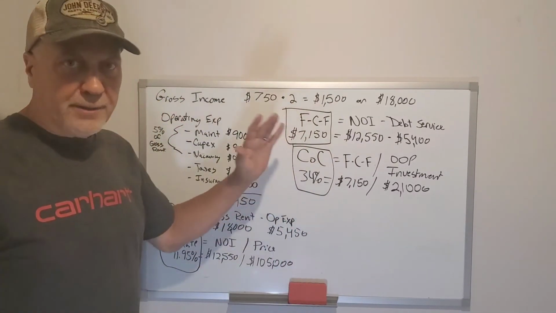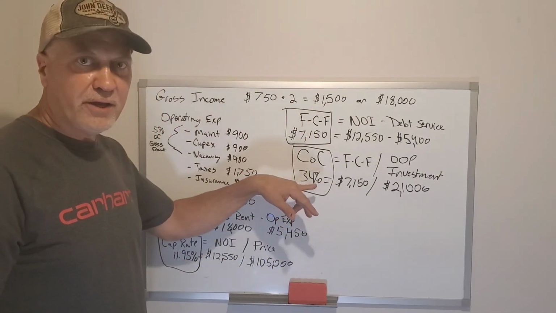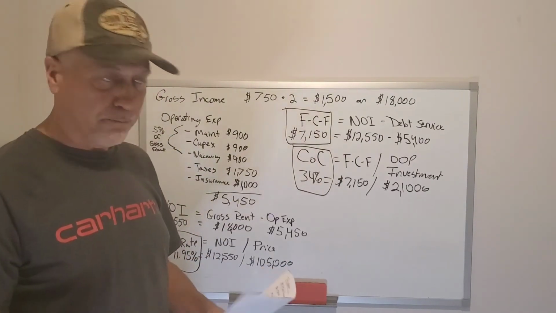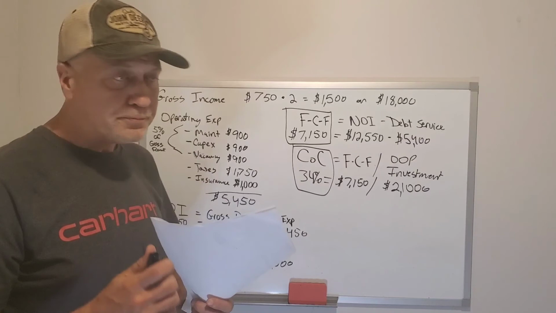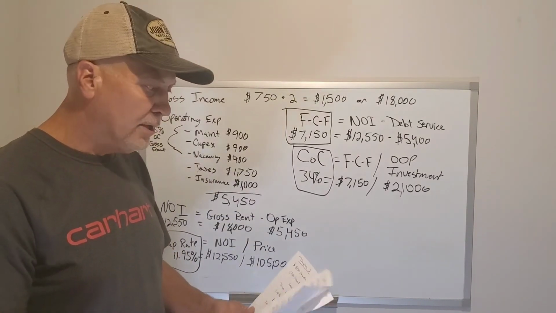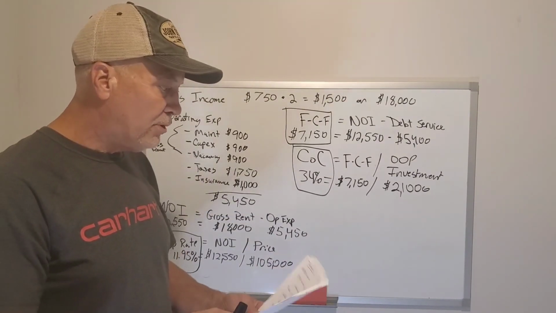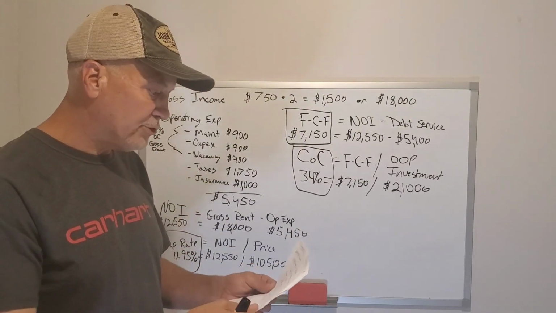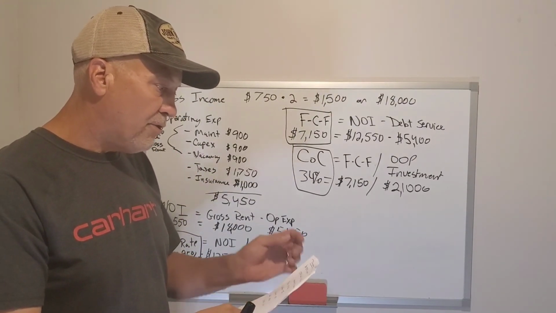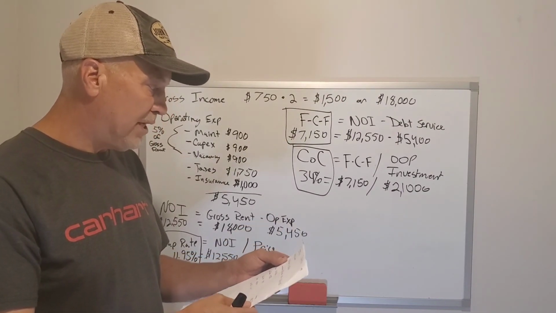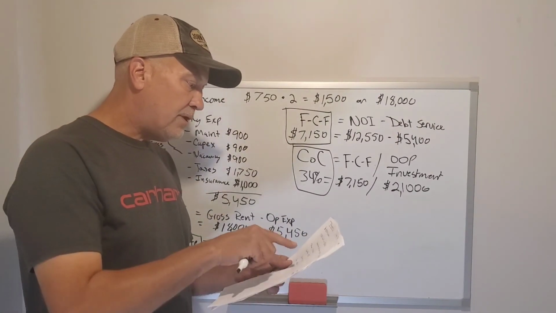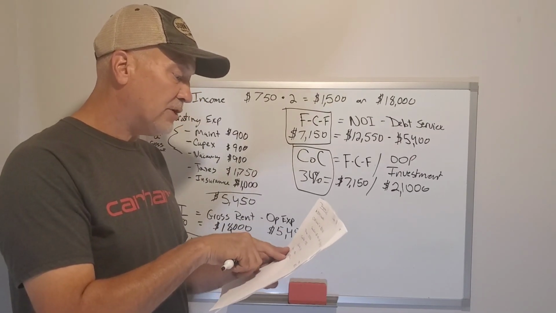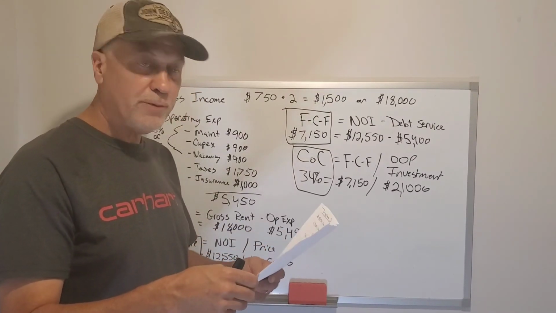So is that good, bad? Once again, it depends on your area and class of property. In my area, I like to see about a 30% cash on cash return for a C-class property. Just to give you an example, this was actually part of a 2-duplex package I was trying to buy, and there was another duplex that was a B-class, and the cap rate was 9.2%, and the cash on cash return with a loan was 20.8%.